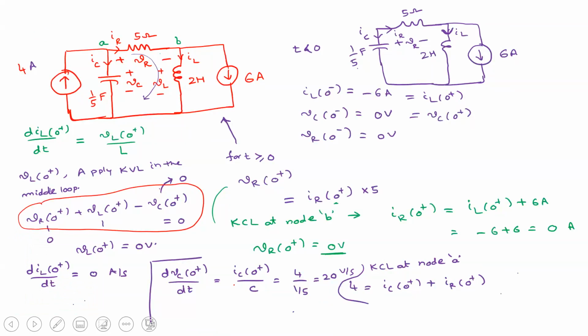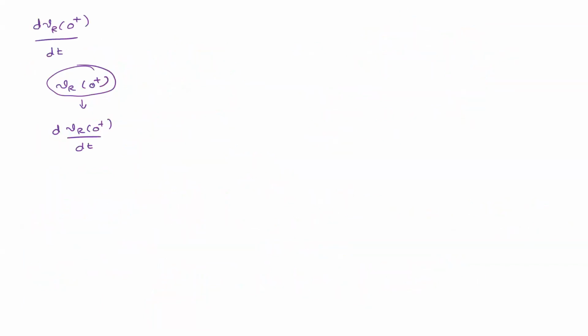agree? And dVl of 0 by dt term and dVc of 0 by dt term. So three things you will get. But here you are aware of this dVl of 0 by dt term. So I will write here. So what is that equation? Vr of 0 plus Vl of 0 plus minus Vc of 0 plus, this is plus, right?